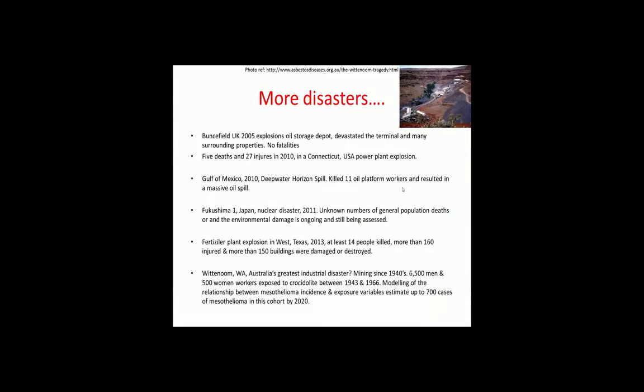Those estimates that are there of 700 cases of mesothelioma by 2020 is only considering the actual workers in the plant. There's huge ramifications for the whole town, the children, the partners of the workers, the extended families, and the whole town was built using the tailings from the mine for roads, for playgrounds, for sand pits, for it just goes on and on.